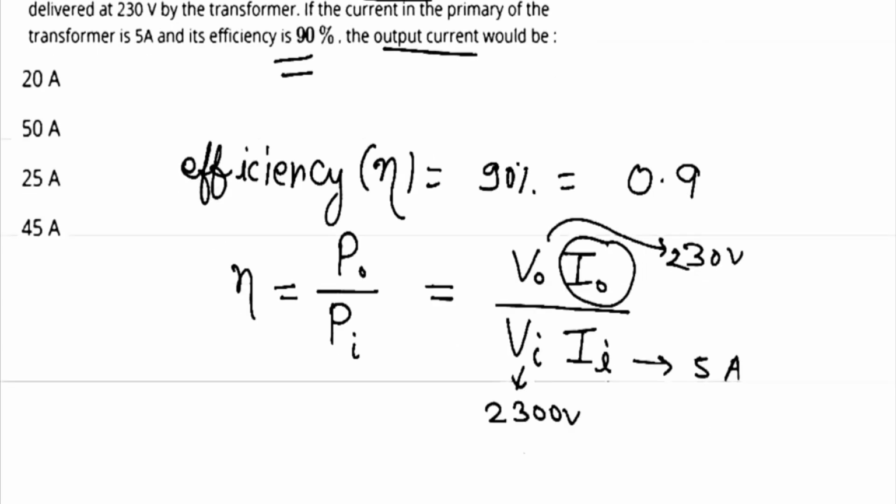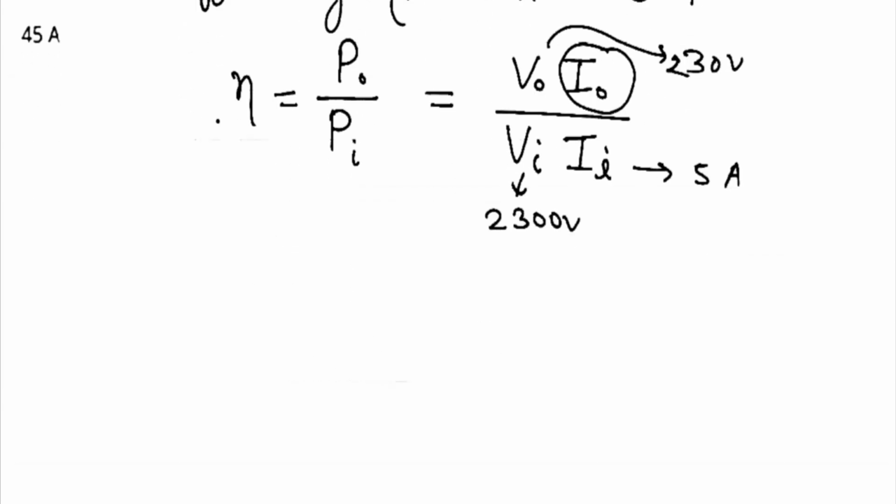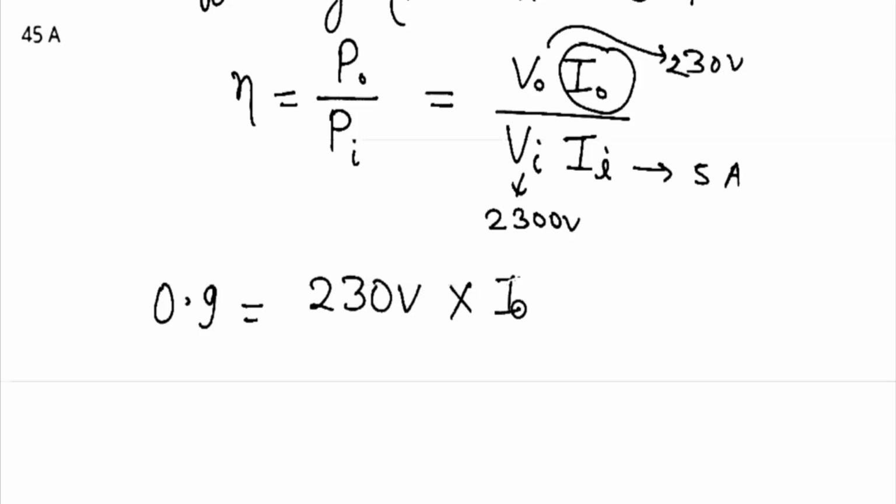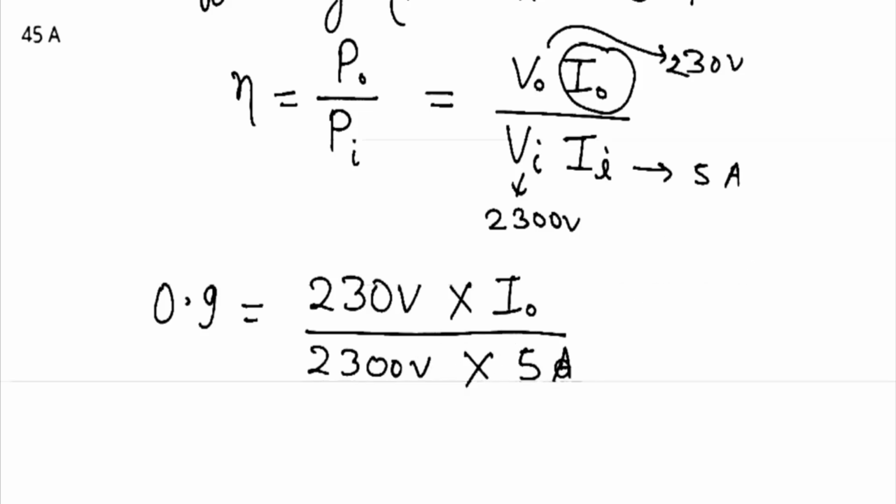So if we substitute the values here, eta is 0.9 and this will be equal to the output voltage, that is 230 volt, into the output current divided by the input voltage, that is 2300 volt, into the input current, that is 5 ampere.